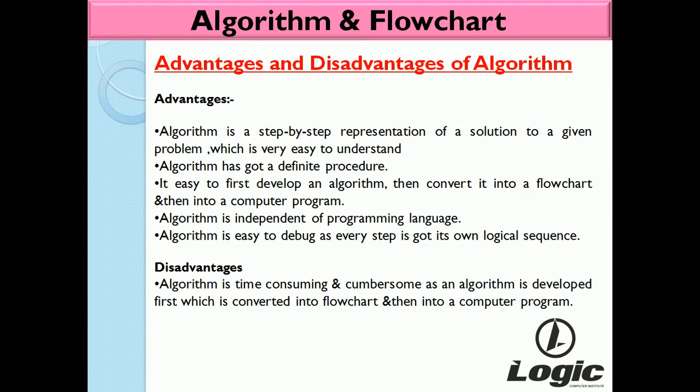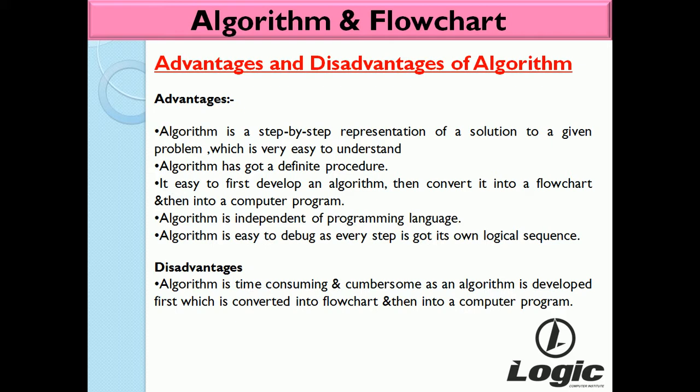Then next, advantages and disadvantages of algorithms. Advantages. First, an algorithm is a step-by-step representation of a solution to a given problem, which is very easy to understand. Next, an algorithm has a definite procedure.